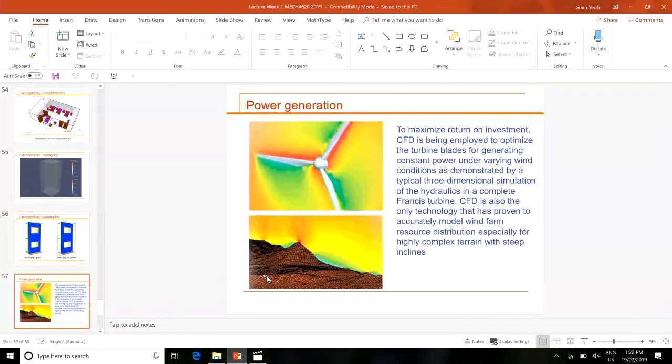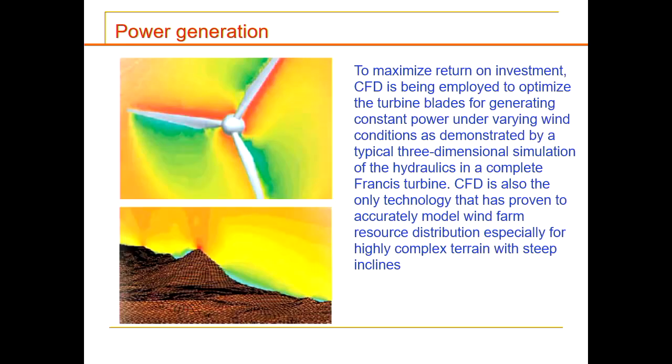Right. Now, I'm almost finished. CFD is even used in power generation. We can design wind turbines and so forth, or even the placement of wind turbines across the terrain.